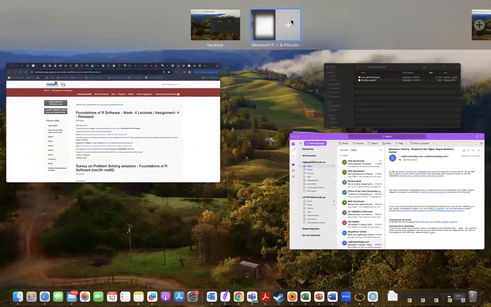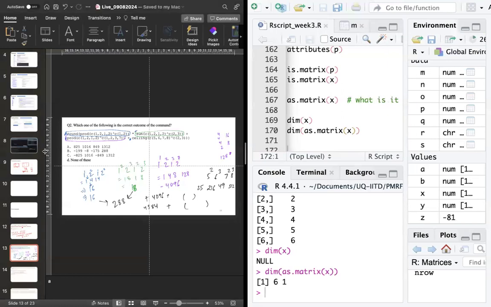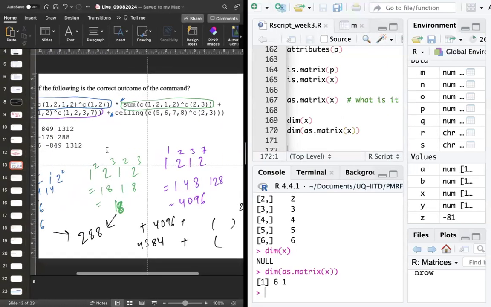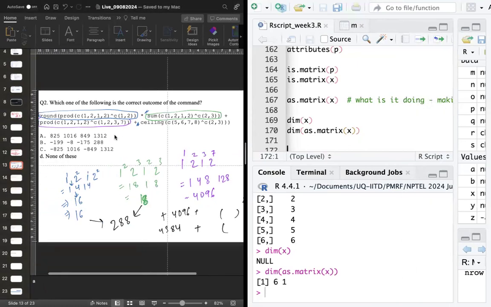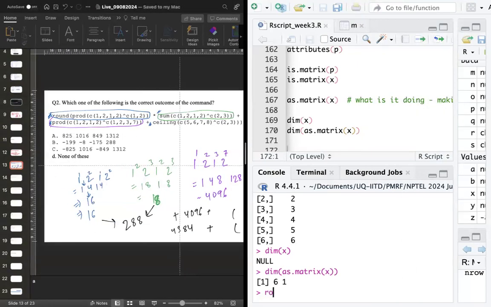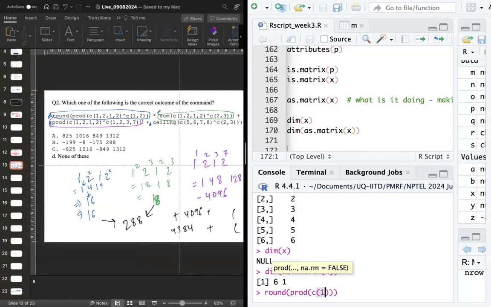So let's just check. I hope the screen is still a bit visible. So let's try solving each of them. So round prod c(1, 2, 1, 2) to the power.